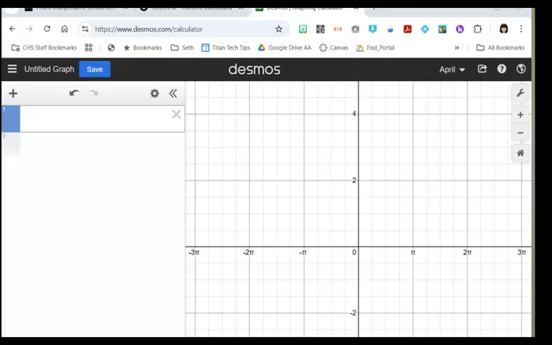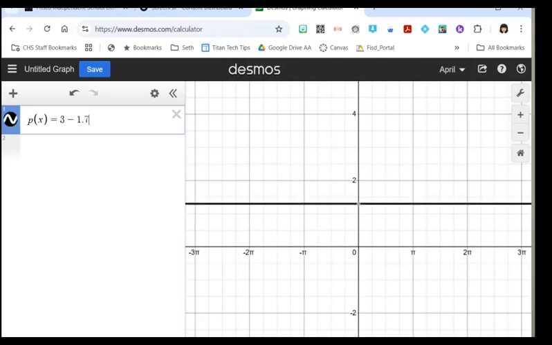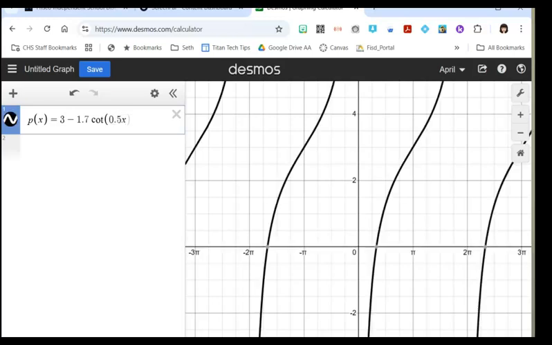Okay, so if you followed your steps, hopefully you will have the same thing as I do once I follow my steps. So I'm going to say P of X equals, and then I'm going to put in 3 minus 1.7, and then I have cotan of 0.5, or let's go ahead and put a 4 in there, 0.5x minus 1.